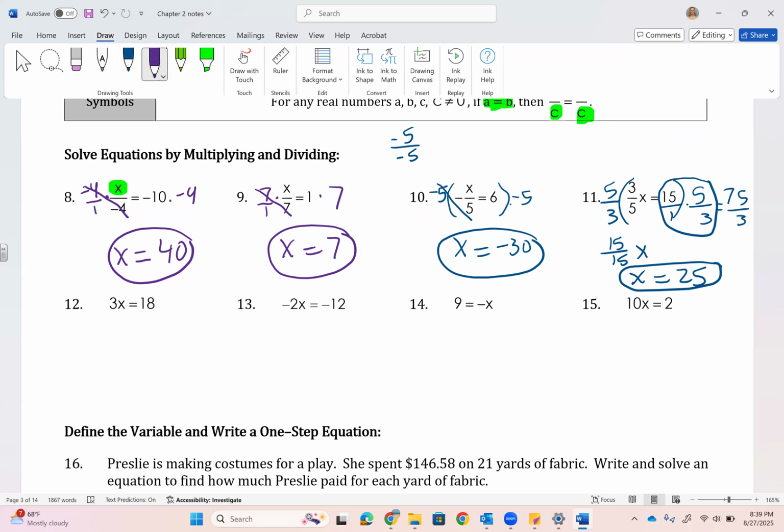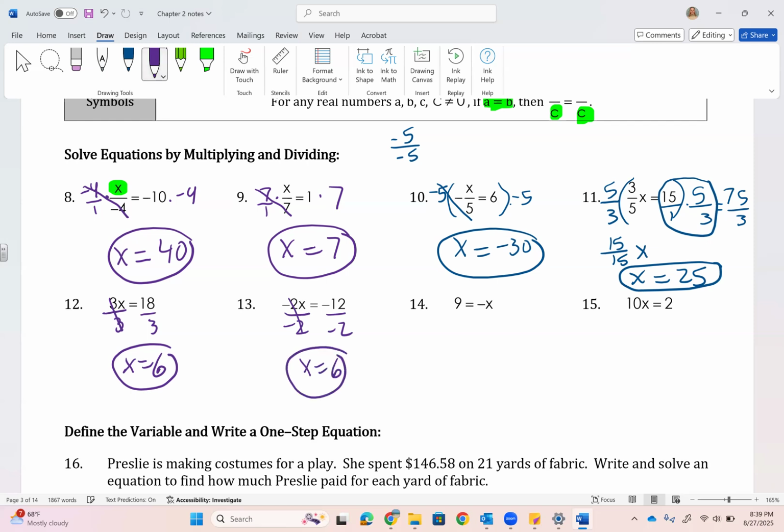Okay, so 3x means 3 times x. How do you get rid of the 3? We're going to divide by it. Why? Because 3 over 3 is 1, and x is equal to 6. To get rid of this negative 2 times x, divide by negative 2. With multiplication and division, you multiply or divide by the same value. So there's times by negative 2, you divide both sides by negative 2.